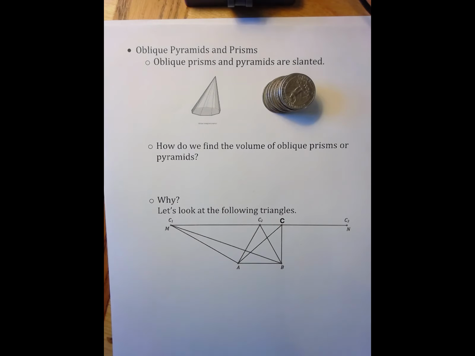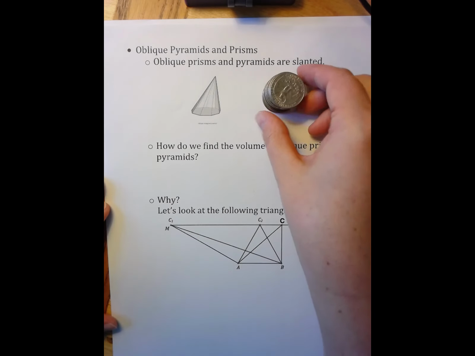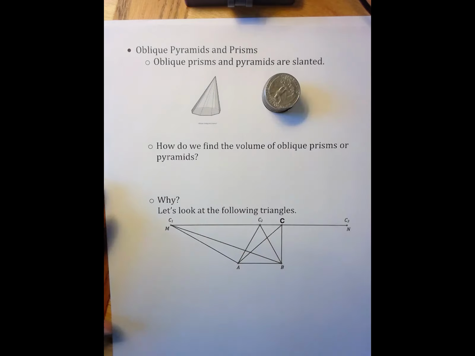Now the question we always want to explore is, how do we find the volume of this? It turns out that the amount of space these quarters or this oblique cylinder take up is the same amount of space as if it were a right cylinder, a right circular prism. So the volume turns out to be the same.